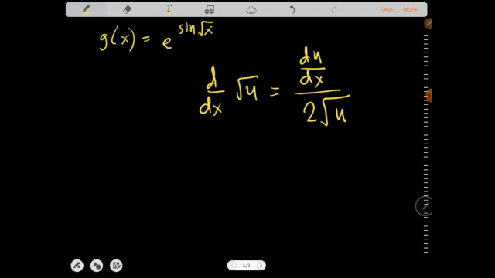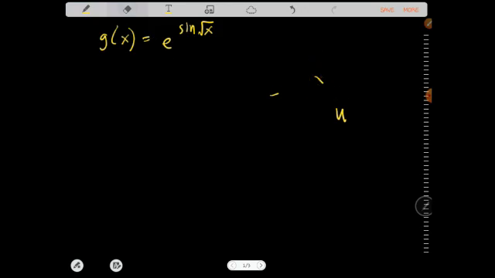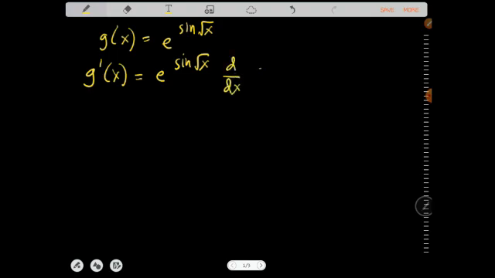Okay? So, in this case, our g prime of x, or our derivative, is equals to e raised to sine of square root of x, our exponent, and then the derivative of sine square root of x.